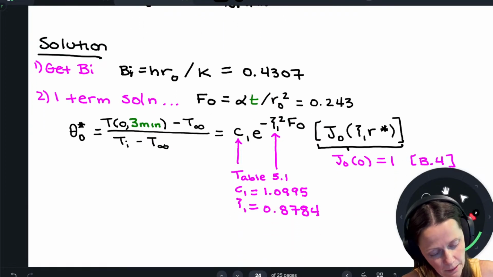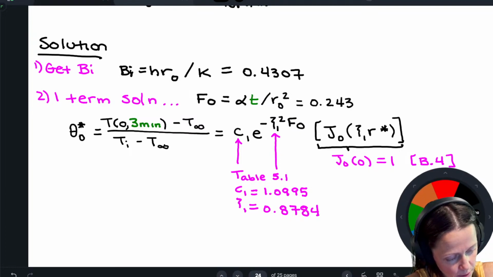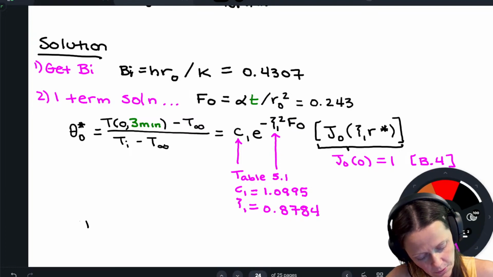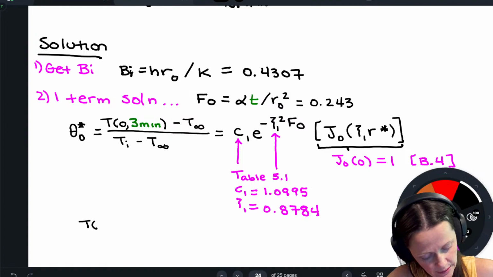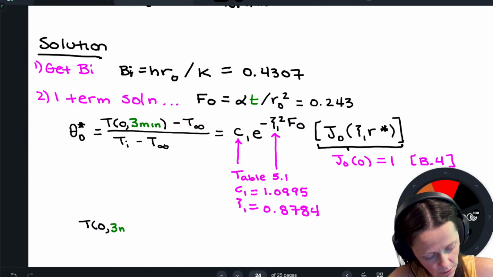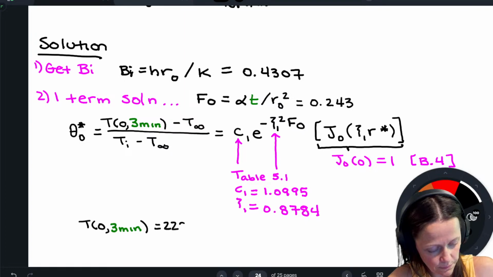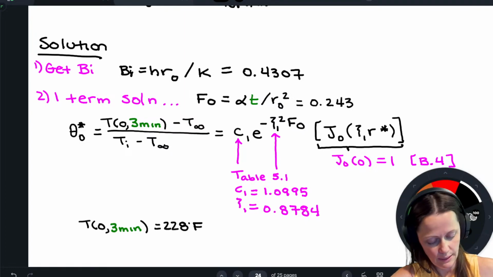So I've got enough information that I can plug in and get that value. So my temperature at r equals 0 and 3 minutes, I end up getting a value of 228 degrees Fahrenheit. And that's my answer.